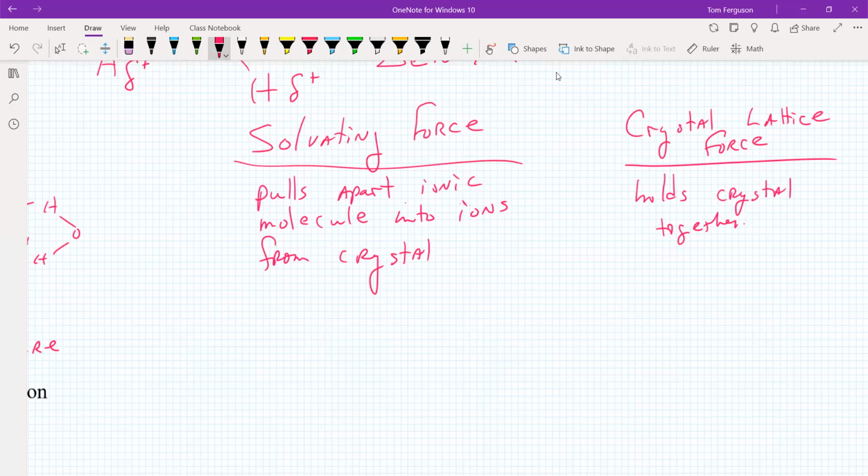So this is like Star Wars, the battle of two large groups. The stronger one will win out. We're going to abbreviate this as SF and CLF. So if the solvating force is greater than the crystal lattice force, nothing happens.